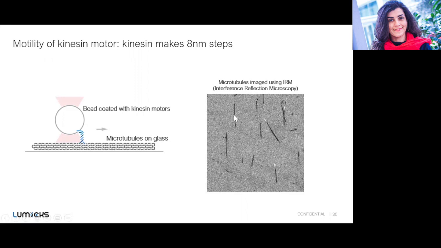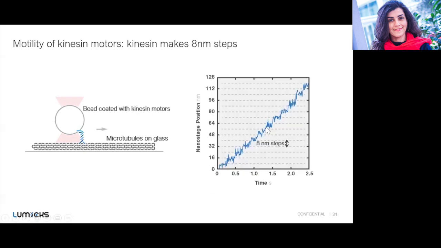And now, because we know where they are on the glass slide, we can bring a trapped bead that is coated with the kinesin motor close to the microtubule, and by keeping the force constant, we can measure the 8 nanometer steps that kinesin makes on the microtubule.